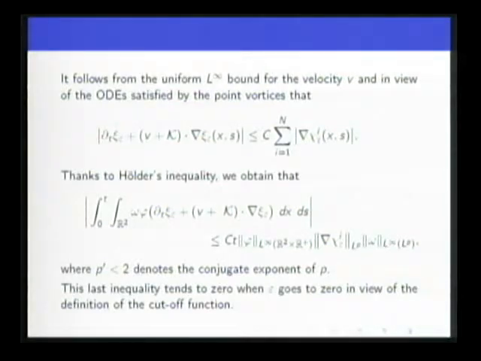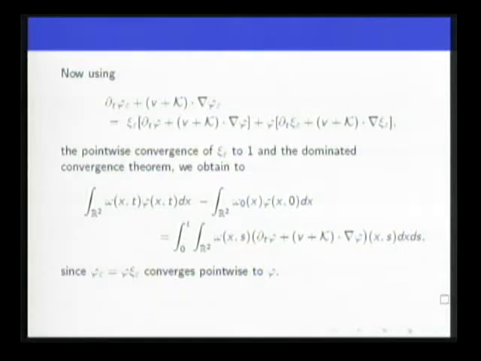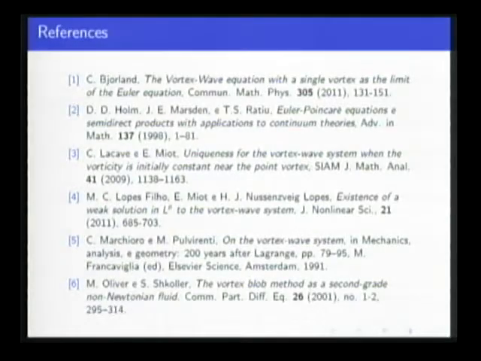Finally, given our choice of cutoff function, this expression tends to 0 as epsilon tends to 0, and therefore we are able to show that our background vorticity satisfies the desired equation. So, thank you very much.